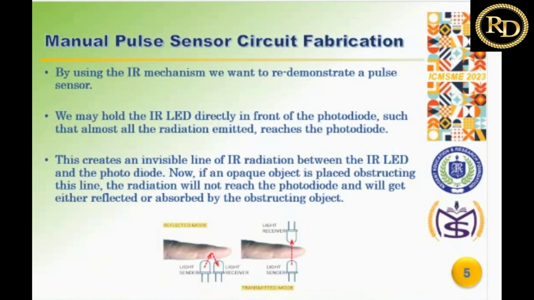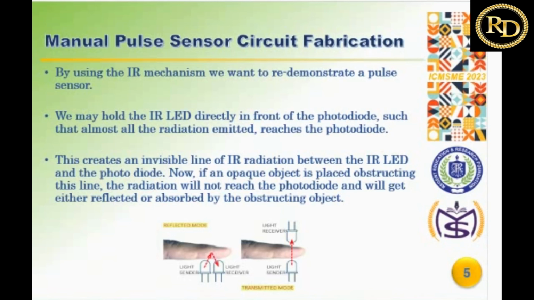This sensor makes use of a low intensity IR LED and photodiode, and instead of the IR LED we can also use a normal green LED. And if we place this LED and photodiode side by side, the radiation is emitted from the LED and is detected by the photo detector.